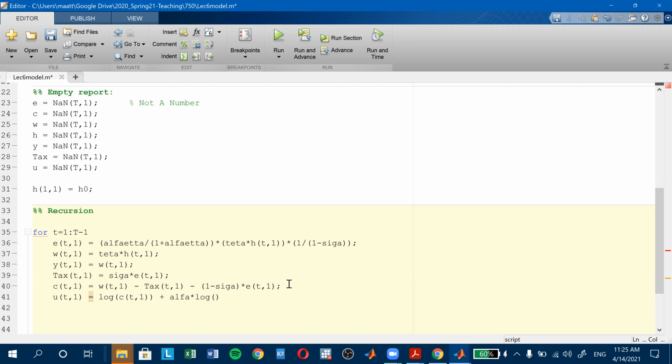First, we have to compute HT plus 1, of course. Now, HT plus 1 will be equal to gamma times ET to the eta, right?